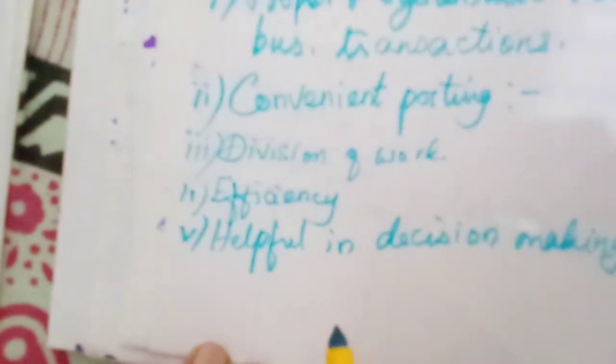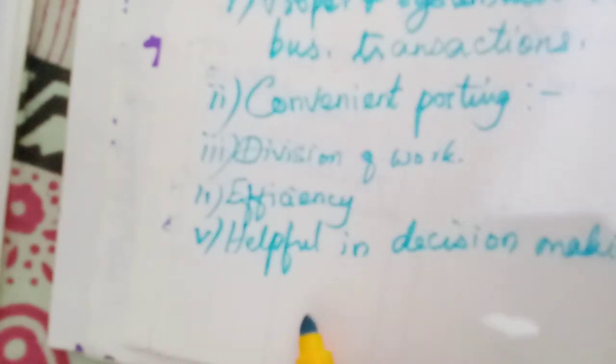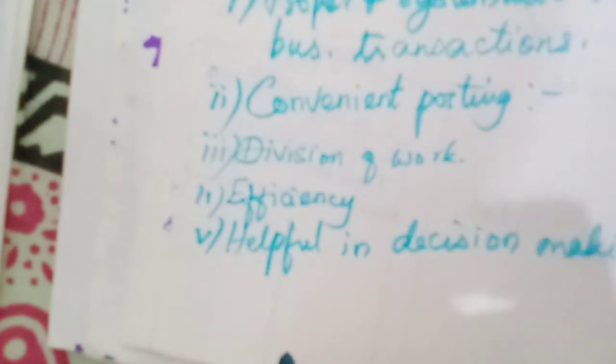Then the next one, helpful in decision making. Here the management is getting the advice of the staff who prepare the purchases book or sales book or purchase return or sales return. Sales return will reduce our income, isn't it?